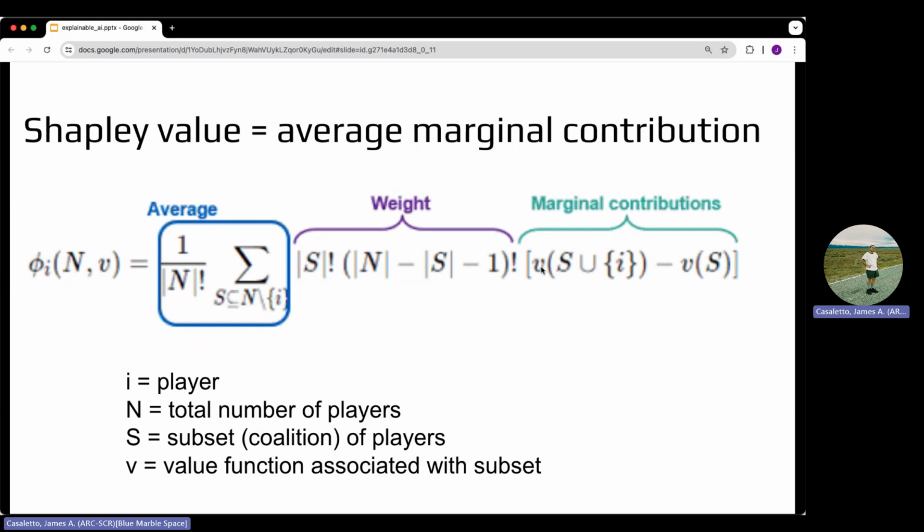The Shapley value is the average weighted marginal contribution of a particular player in the game. The marginal contribution is the difference in the value of a subset containing player i minus the value of the subset not containing player i. In other words, the marginal contribution for a player is a measure of how much better or worse does a group of players perform when this player joins them. In the next slide, we look at a simple example.